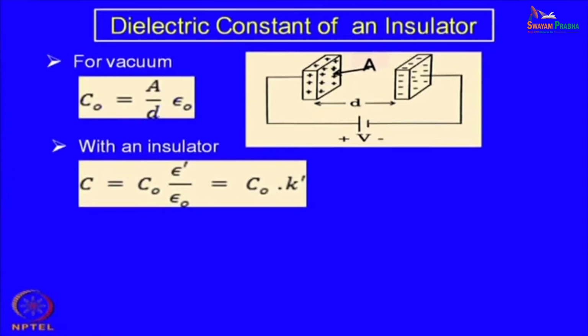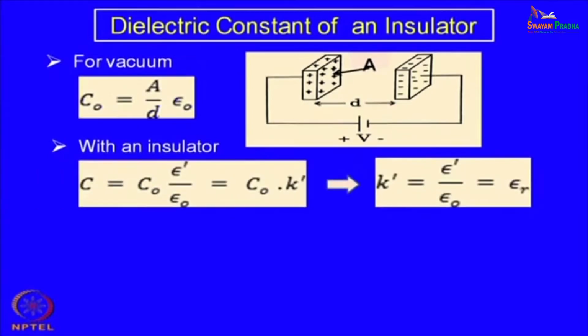which replaces the vacuum. So, the overall capacitance with the insulator in place is C0, which has been defined above, times K prime. K prime is the relative permittivity, or in other words K prime is equal to epsilon prime by epsilon naught, and it is sometimes also represented as epsilon r.